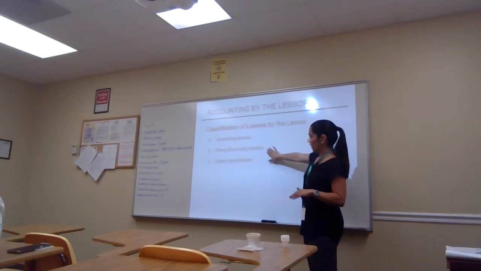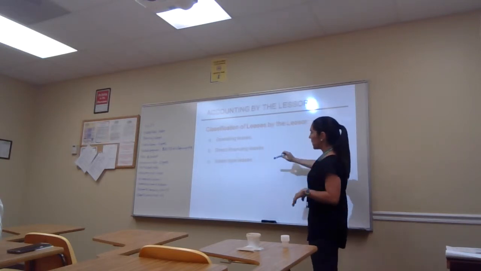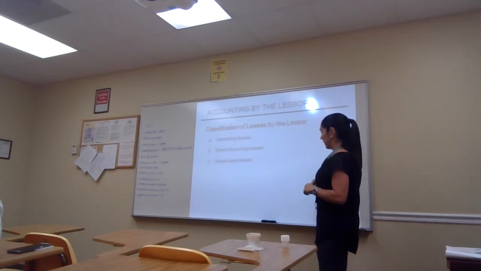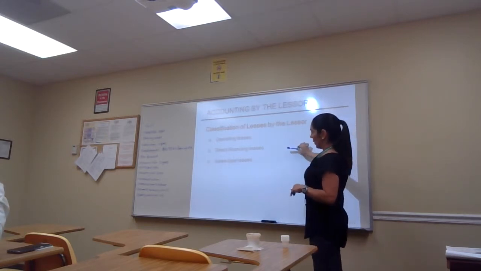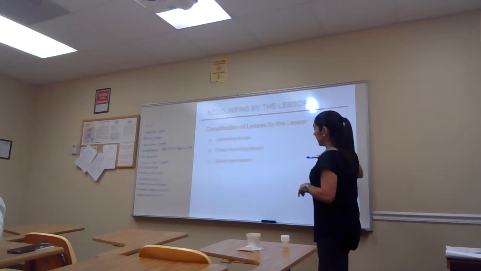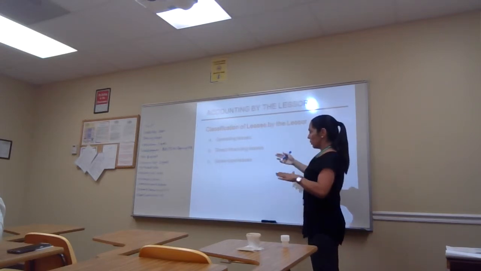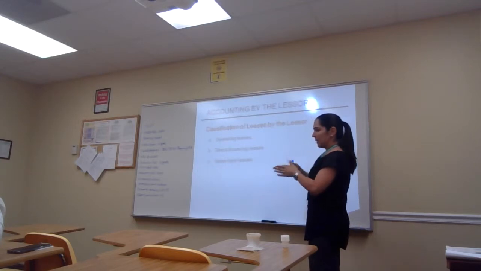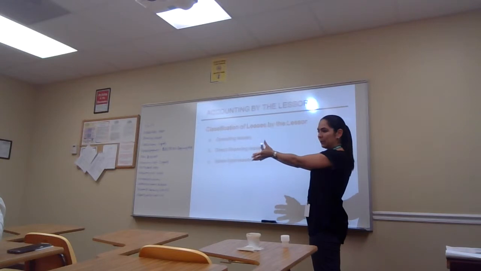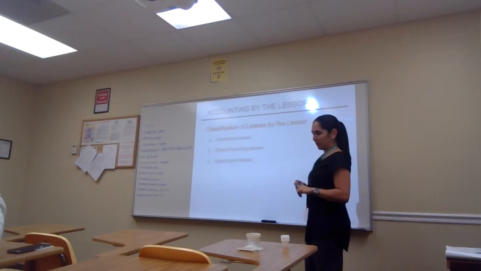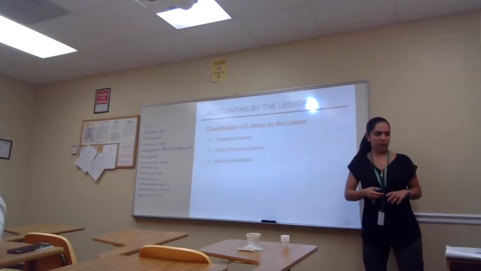Here is the same situation, and we're going to go into more detail with direct financing lease versus sales type lease. But basically, the easiest way to remember this is in the name, direct financing leases. You're pretty much directly financing it for the lessee. I have a piece of equipment and I'm financing it on your behalf, and you're using the equipment. Sales type lease means that there's a profit, and we'll go into more detail now.